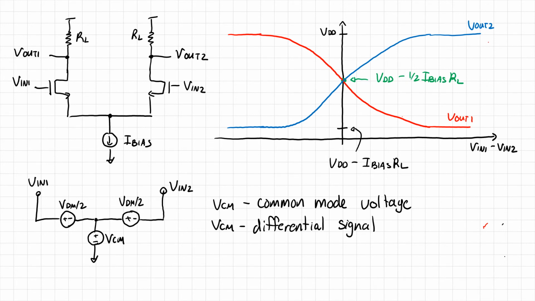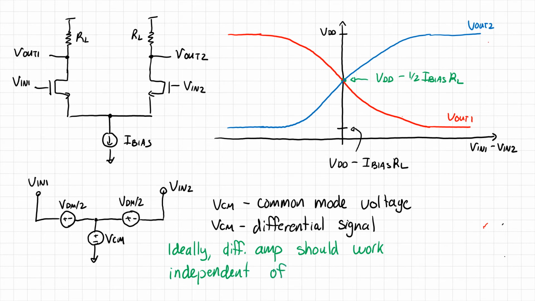And ideally, the differential amplifier should work independent of VCM. We'll find out that that's not totally true. Most differential amplifiers have a finite common mode rejection ratio, but to first order, I think this is a reasonable assumption.